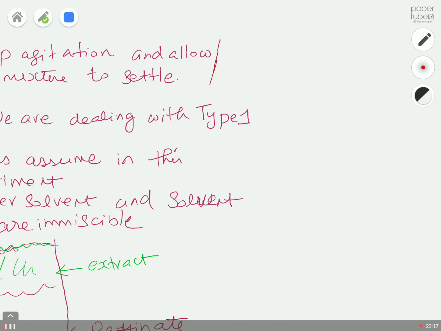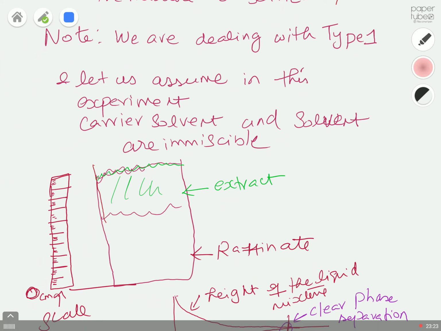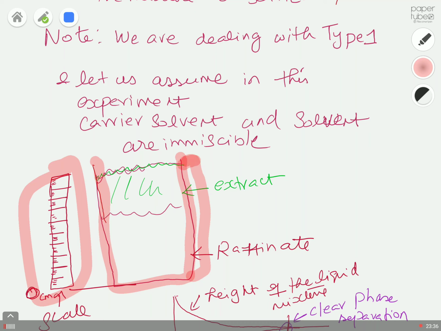Once everything has happened, you stop the agitation and allow the mixture to settle. Imagine this is your experimental setup. Once you stop your agitation, put a scale here and monitor the total height of your liquid and the height of your extract part.